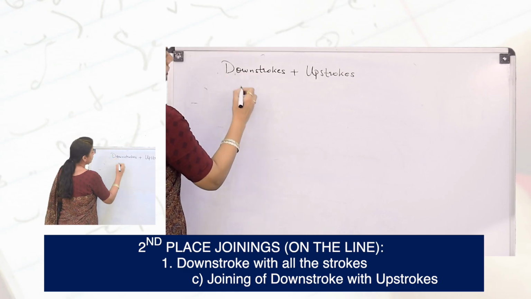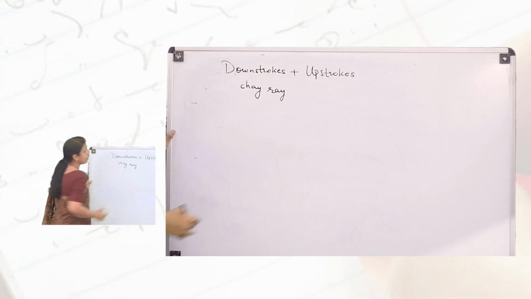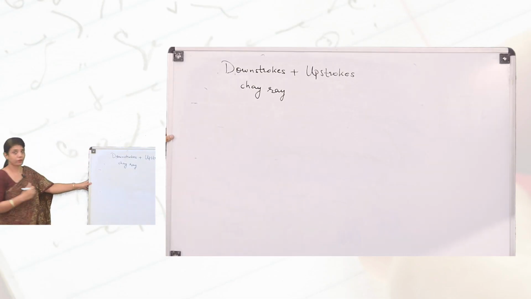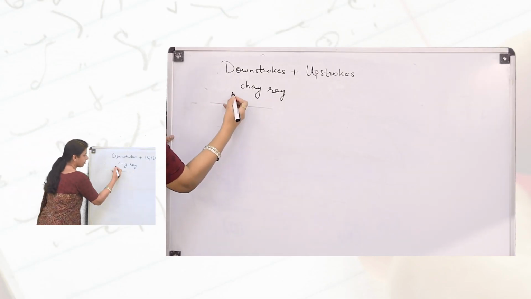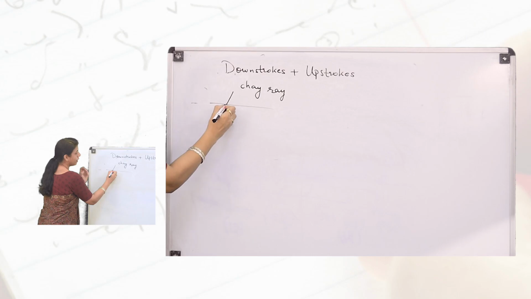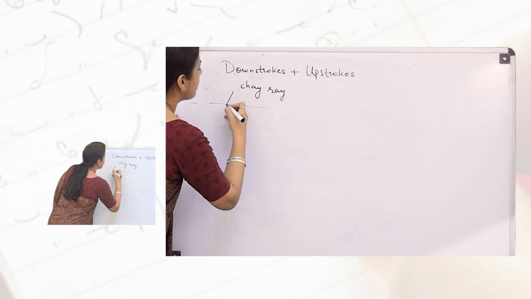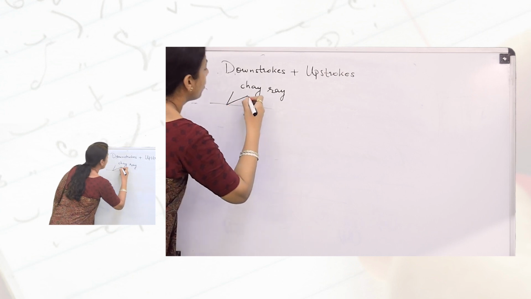Now example, che is a downstroke, re is an upstroke. So how to join it? Now che is a downstroke from top to bottom. Now from here we have to start re. Now re is not a downstroke, re is an upstroke. An upstroke will be written from bottom to top.